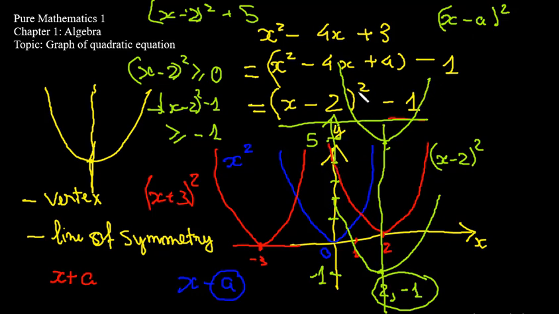We only care about the x part. When (x minus a) squared, x equals a is the equation of the line of symmetry. In this case, x equals 2 is the line of symmetry, which is this line: with any value of y, when x equals 2 we have this line.